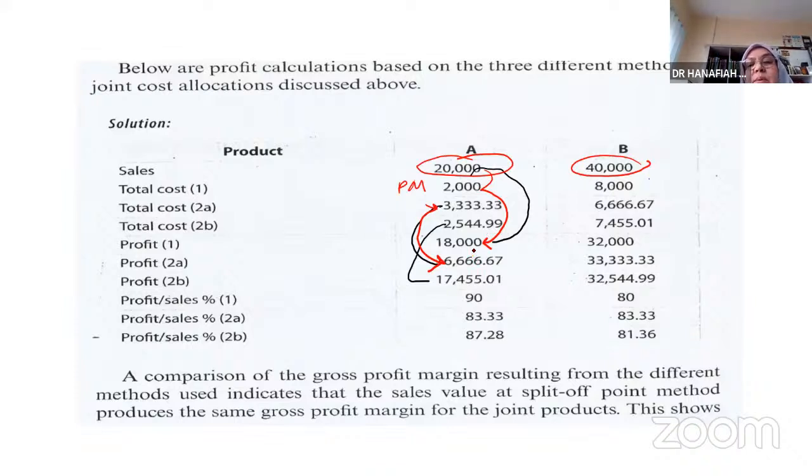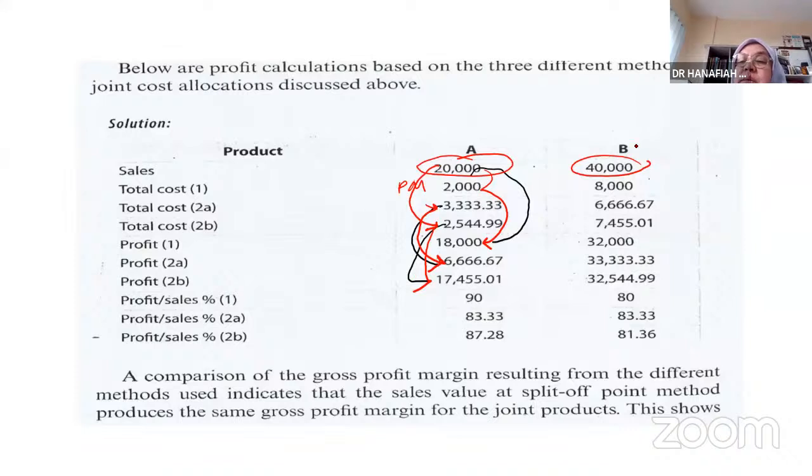And if you use net realizable value, 20 minus 2, and the profit would be 17,455. So based on the three techniques here, technique 1, which is physical method, gives you higher profit.